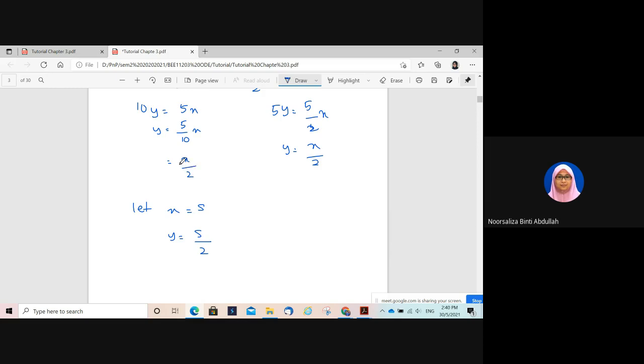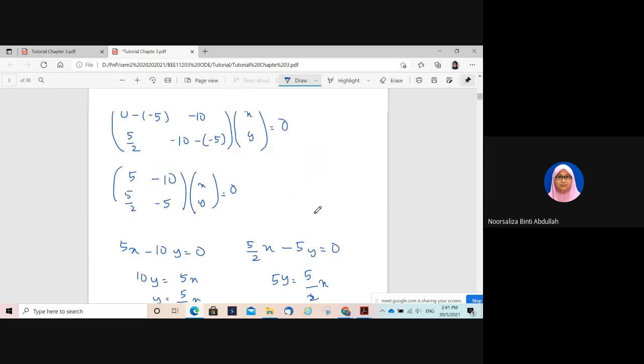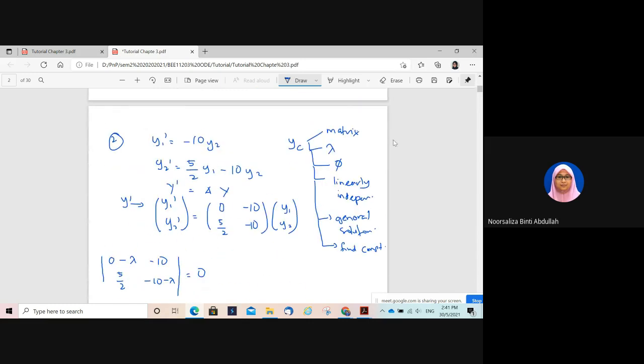Then your eigenvector equals to 1 over 2 s. So now you have matrix lambda, this one. Now you have to prove whether this one is linearly independent or not.